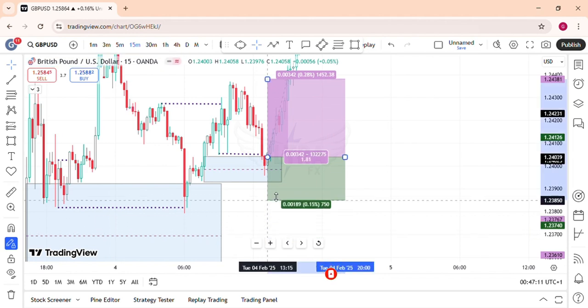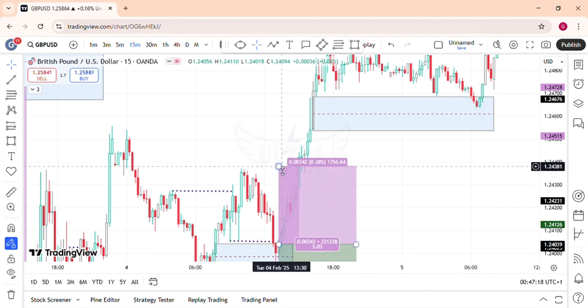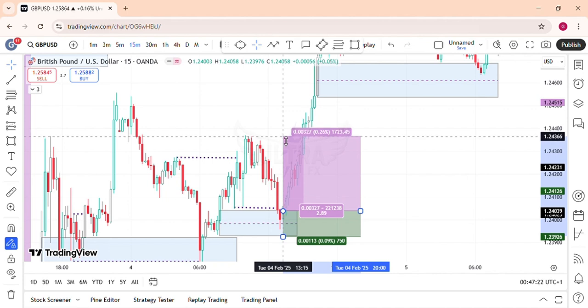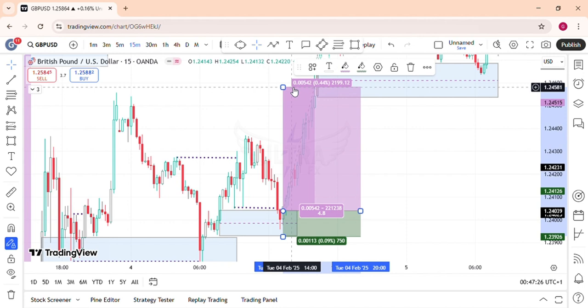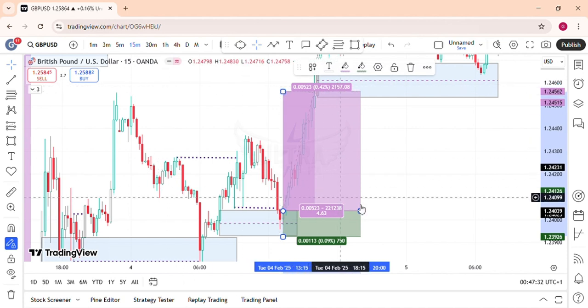So this is it. I'm putting my stop loss below this low that created that fair value gap, and my take profits right above the previous high, or using this as your take profit here. So giving you a risk reward of 4.63.